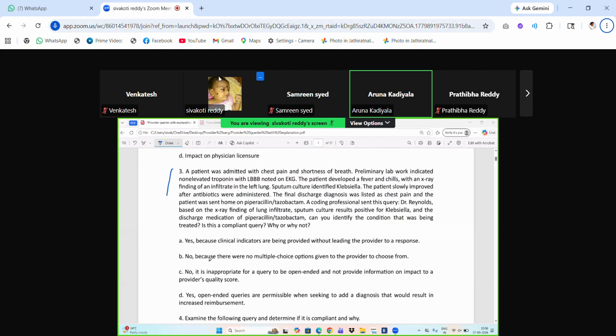It is a compliant query because they did not mention any diagnosis anywhere. The coding professional raised the query like this, and from here they gave all the options. A coding professional raised the query because clinical indicators are being provided without leading to a diagnosis. It should be a compliant query.